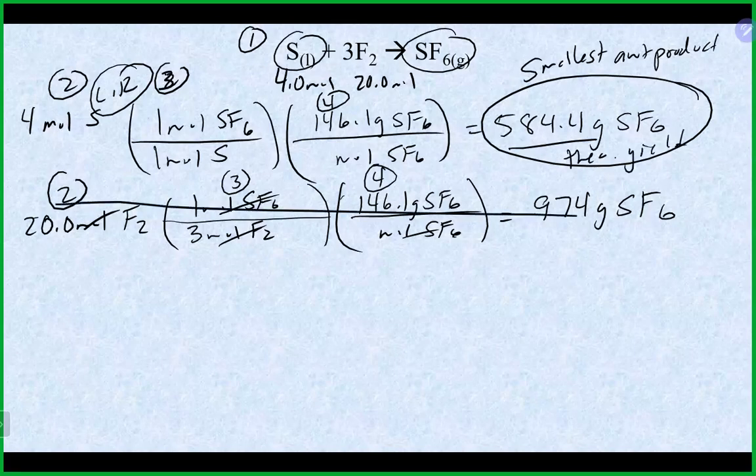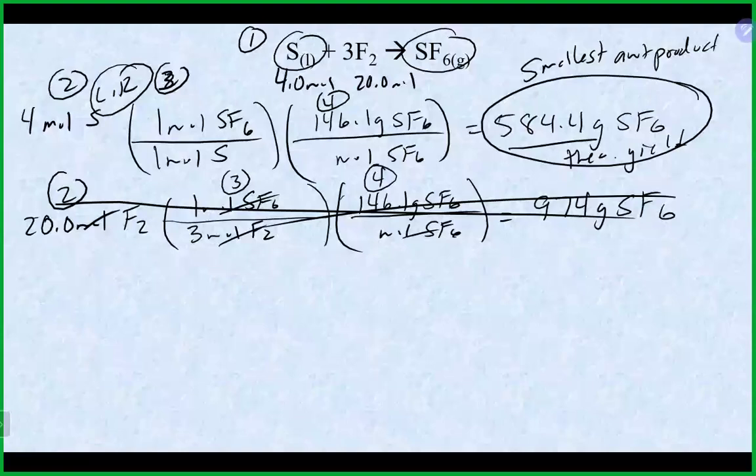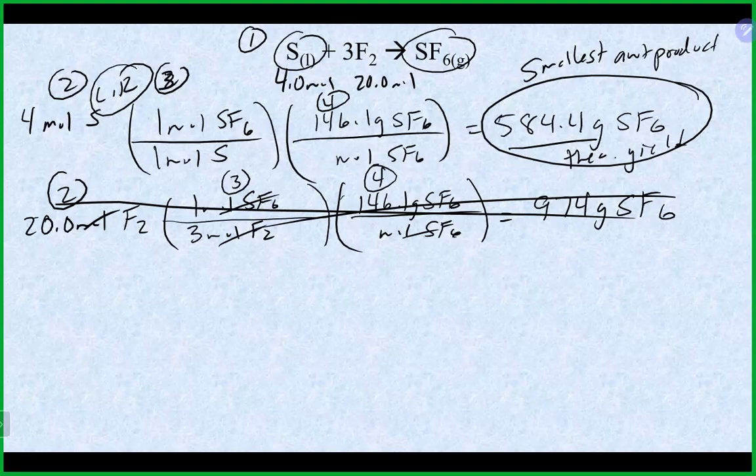Then you just ignore the other calculation, which you did for no reason other than to help you determine that. That's a very common way it's done, and it's perfectly fine if you would like to do that. You just do two separate calculations to the product. Whichever one produces the smallest is both your limiting reagent and your theoretical yield.